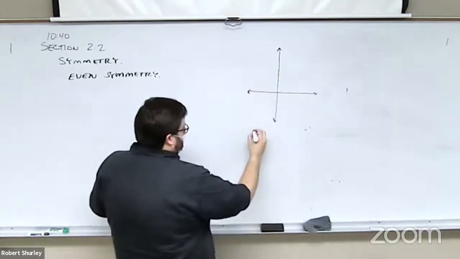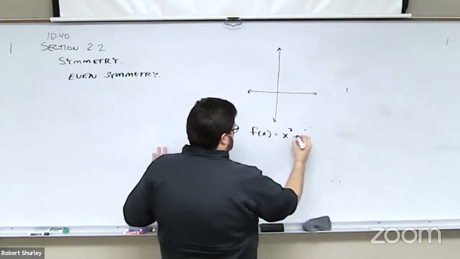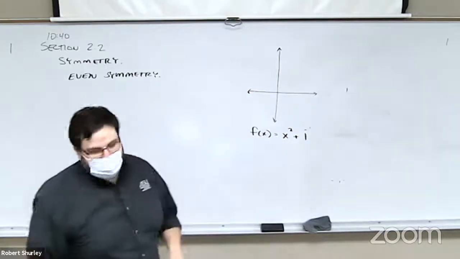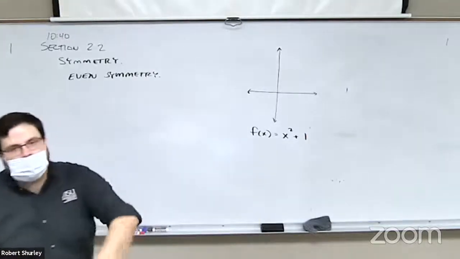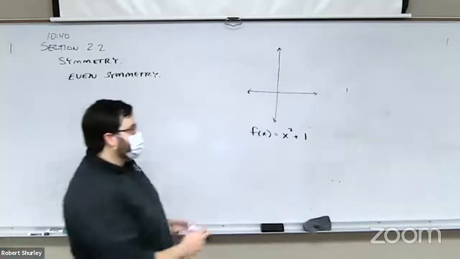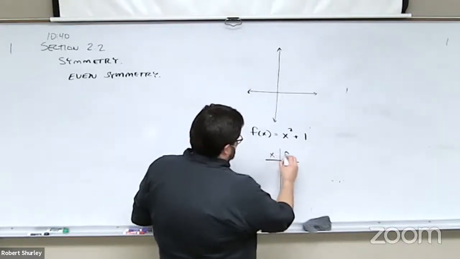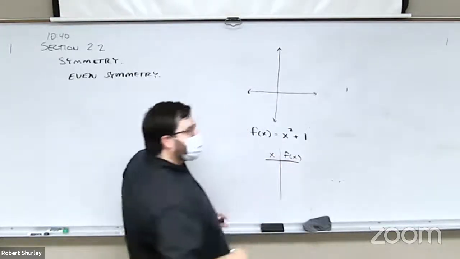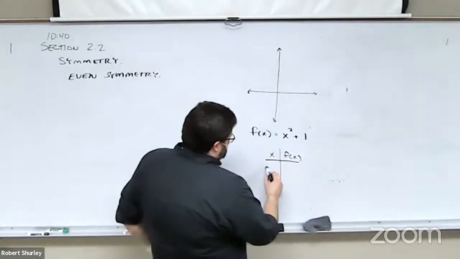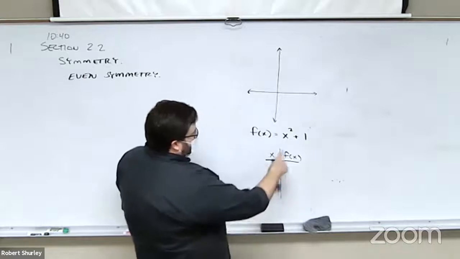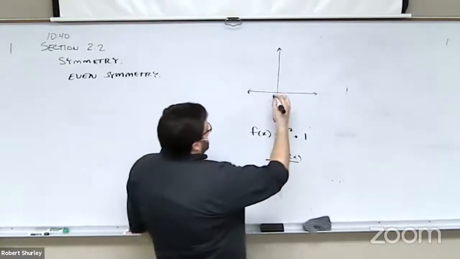Okay. It's going to be f of x equals x squared plus 1. And what I'm going to do is plug in some x values to get y values. I'm going to do a table to show this. So we've got x and we've got y. It's a really basic way to graph it, right? So if I put in -2 into the function, -2 squared is 4, plus 1 is 5.